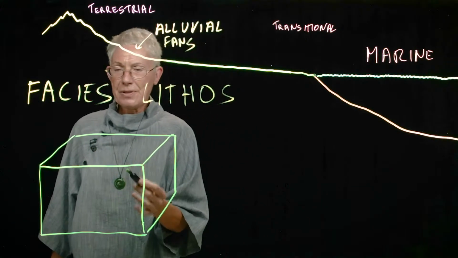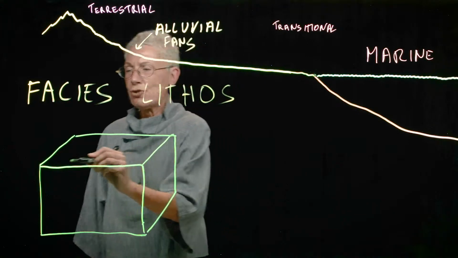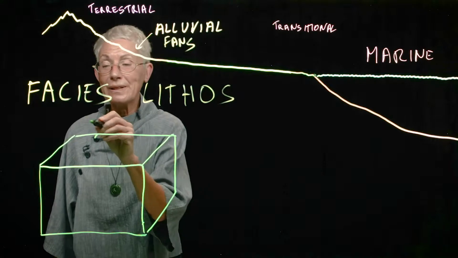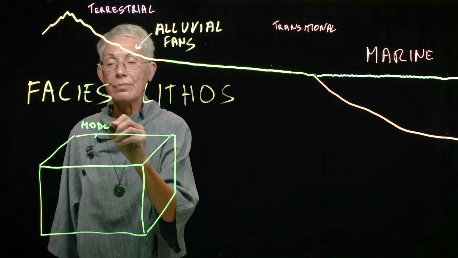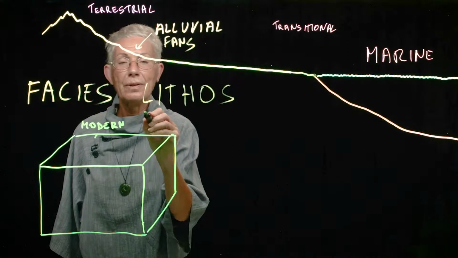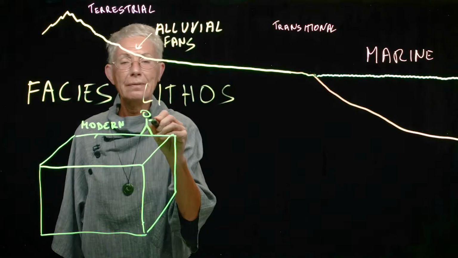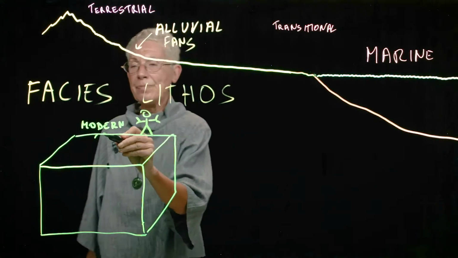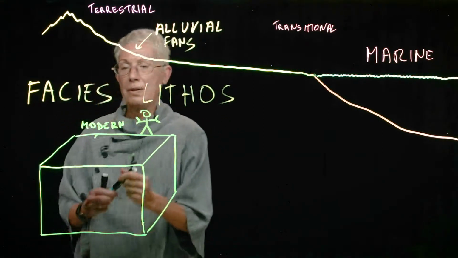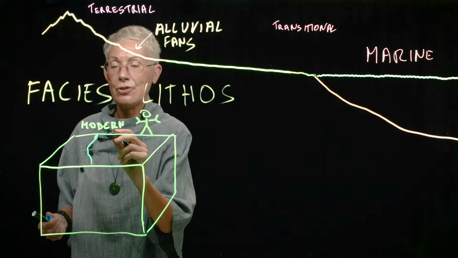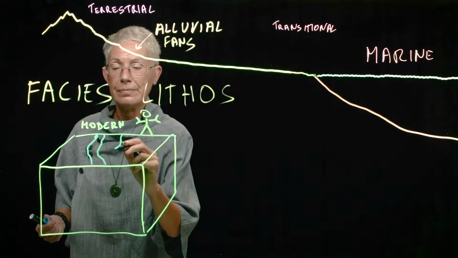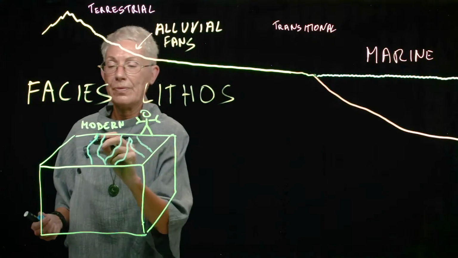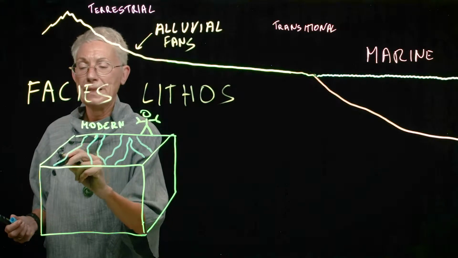In a braided river system, where you have lots of channels, so this is the modern surface. Let's call it modern. And think that you are here today. Looking at this, you would have your braided channels, many channels, and this is why it's called braided.